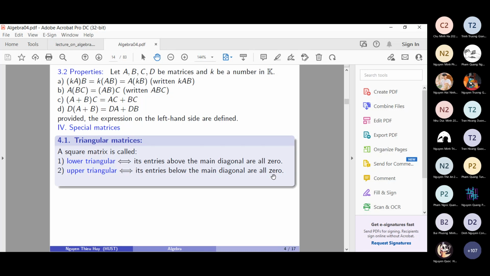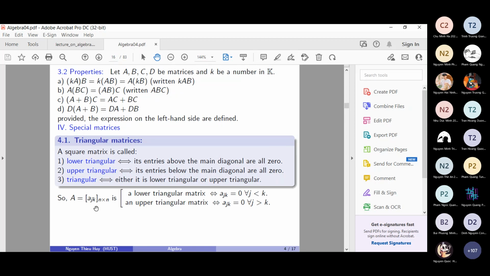If it is either lower triangular or upper triangular, you have the common name, which is triangular. So a matrix is called a triangular matrix if and only if it is either lower triangular or upper triangular. Good, let's give some examples now. But before doing that, let's write a little more generally.